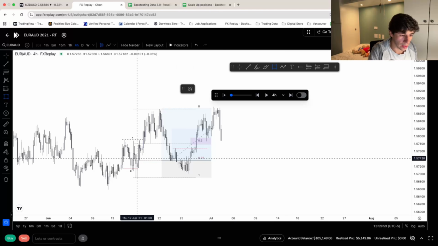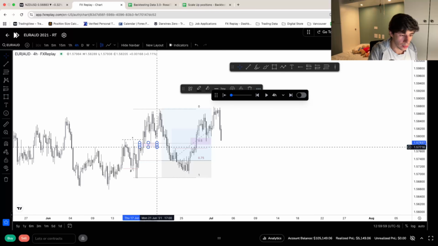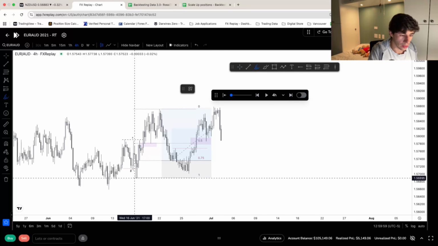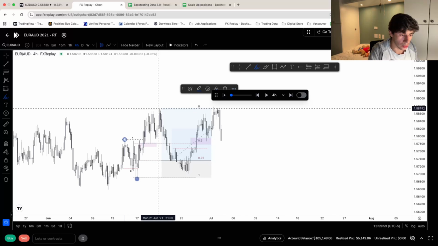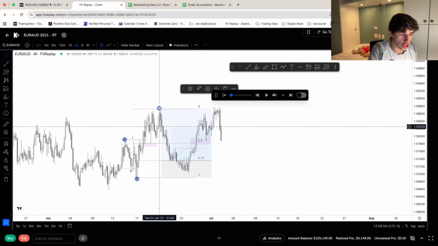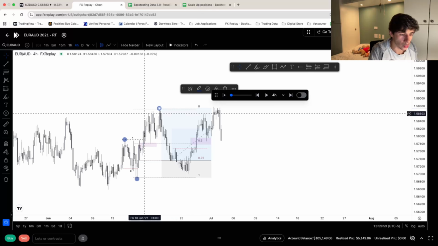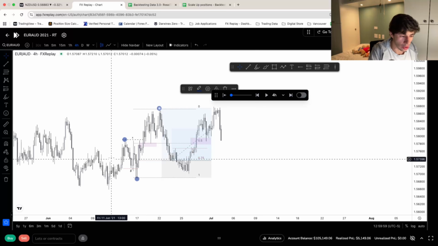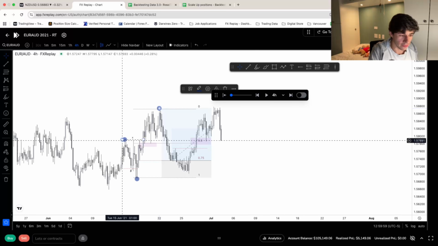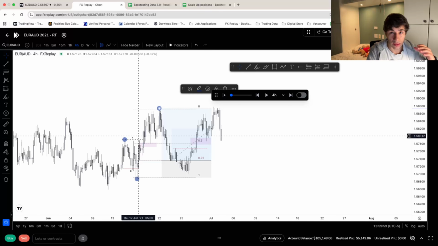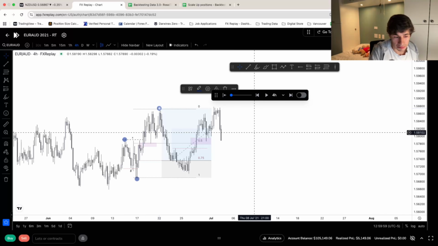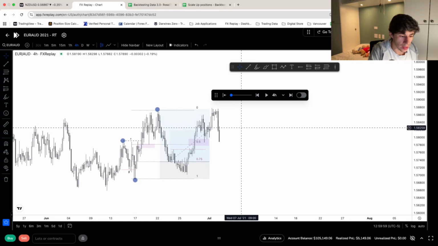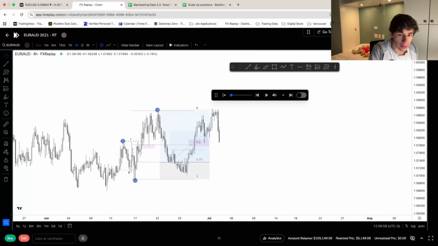We had fair value gap in here. And this was my overall range from this low, and this one. This new high didn't break this structure with body, so this was actually the overall range. My 0.5 in my actual structure, targeting at 1 to 3 risk reward, and it worked out. Move stops to break even on 1-1, so valid position.